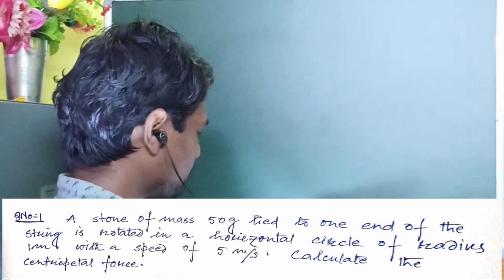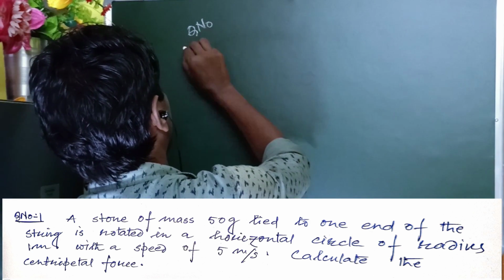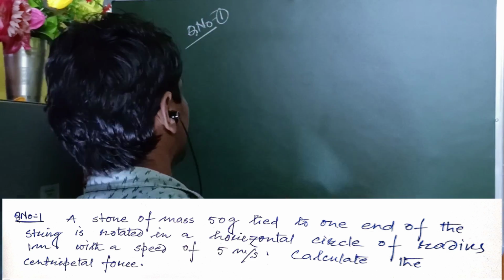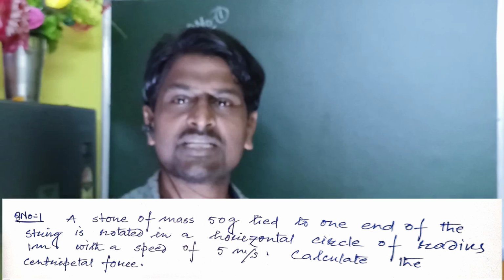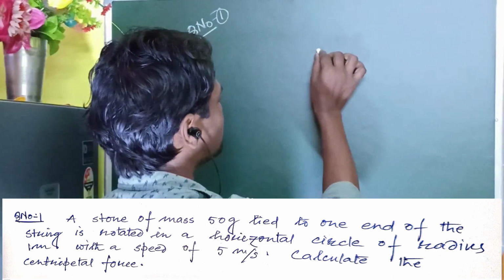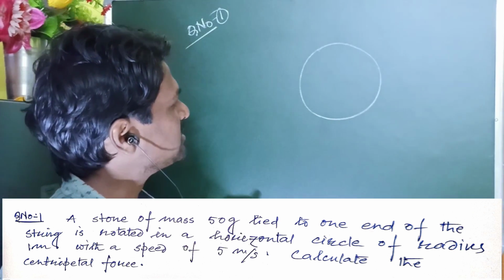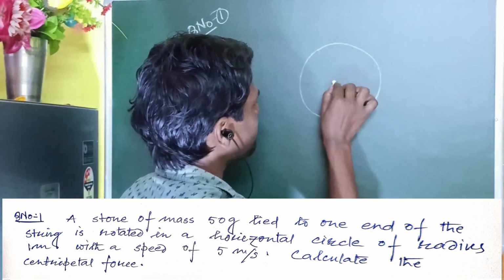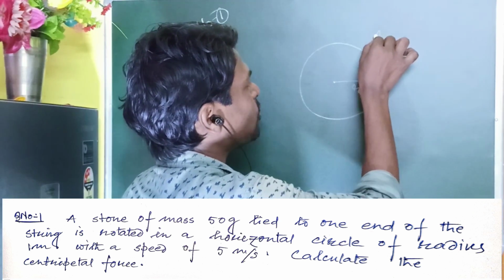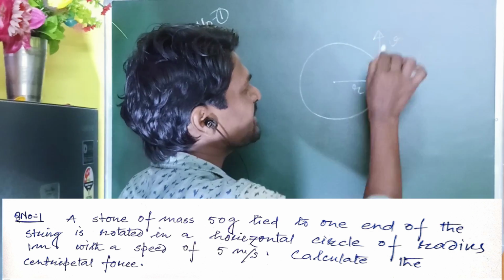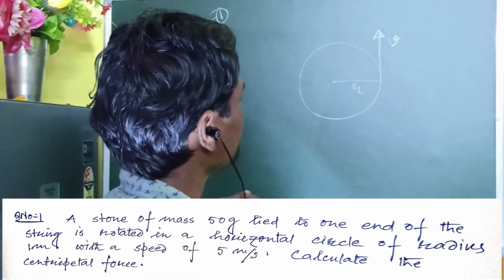Okay, so the first one is question number 1. I repeat again, students: when a body moves in a circular path with a given radius, it always moves with a constant speed, not constant velocity.